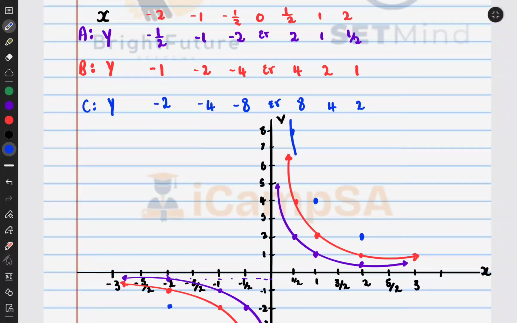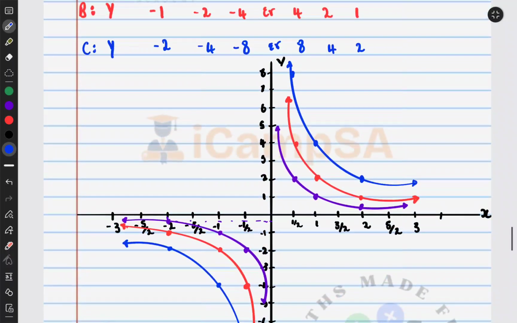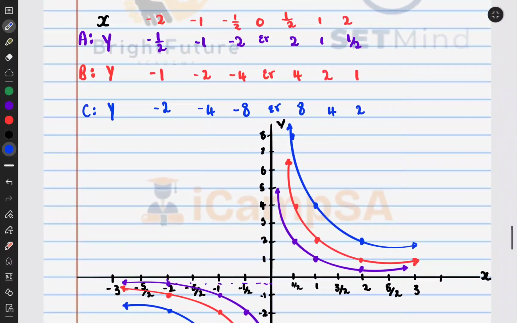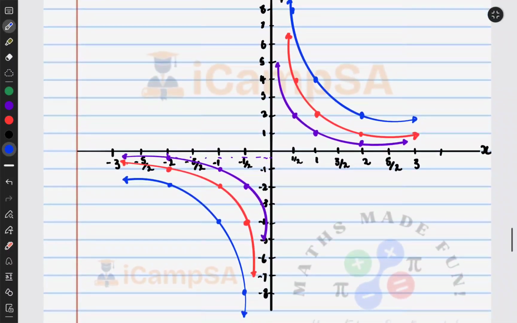There we have it. We have the points now, and that is the function. You draw the curve, you draw the branches of the function. You see that even now the blue function, the function of y is equal to 4 over x, the function with the largest value of a, is the one which is the furthest away from the x-axis.